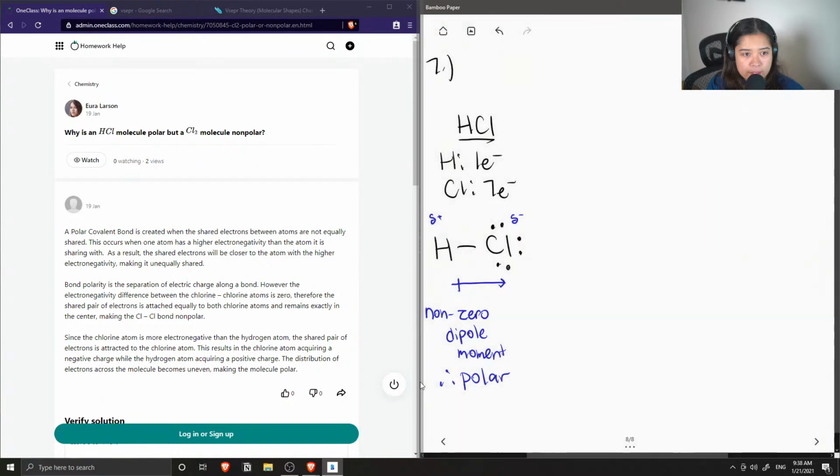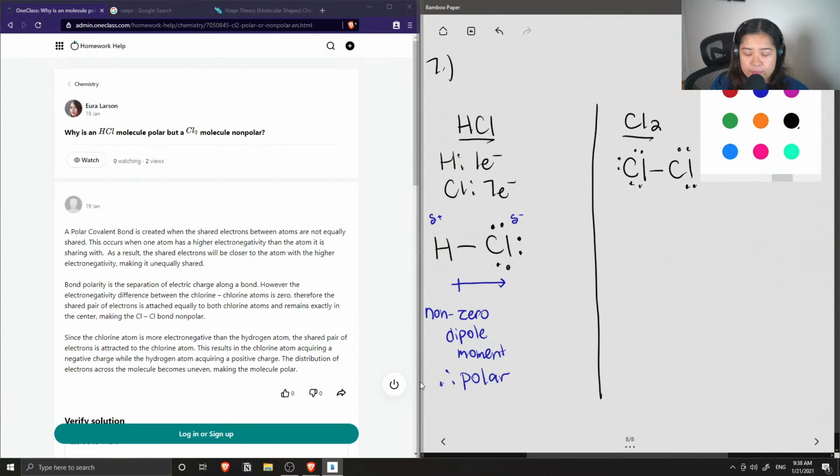But if we were to compare it with Cl2, we just have a diatomic chlorine. And then we can show the lone pairs. And every time you have a diatomic molecule, this means that it's also nonpolar.